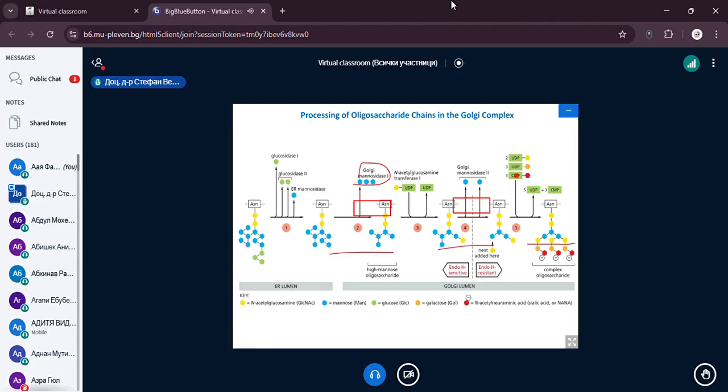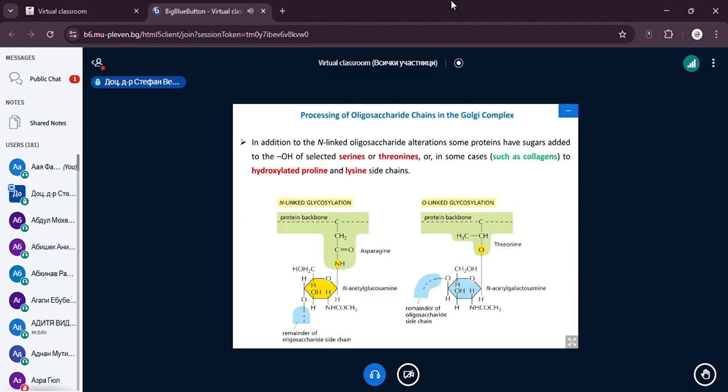And you see here other such glycosyl transferases which are adding galactose, which are adding N-acetylneuraminic acid or N-acetylglucosamine or other such monosaccharides to form the complex oligosaccharide or mannose-rich oligosaccharide residue.